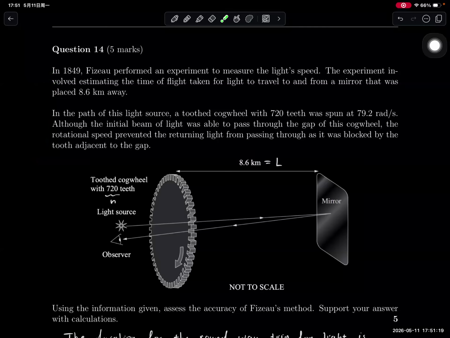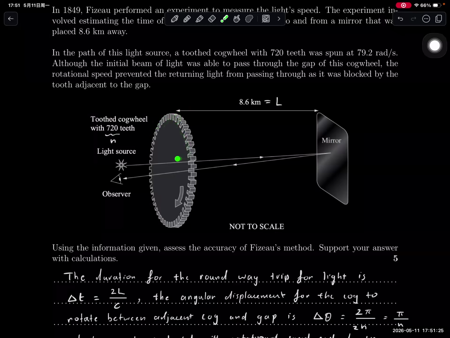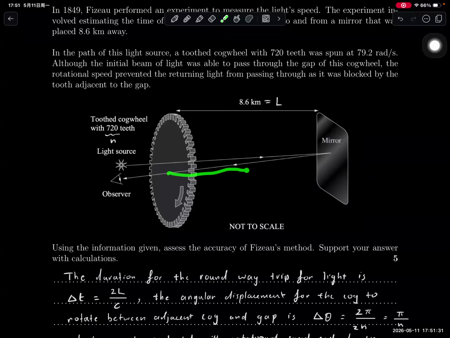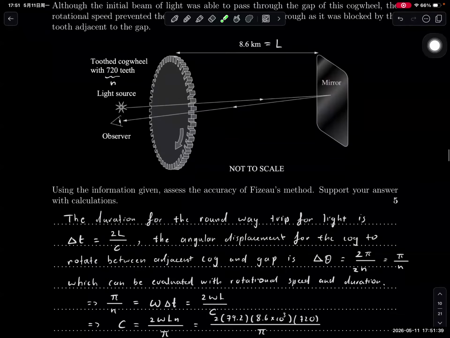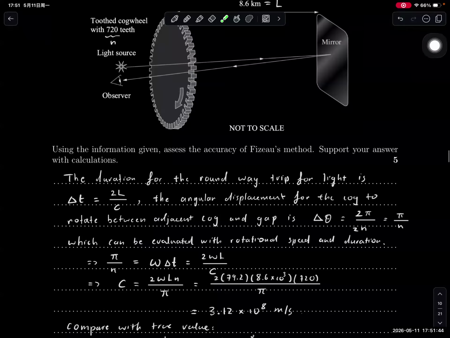We have 720 teeth, and we divide the cog by 1/2 times n, so that light passes through, returns and hits a gap, so it doesn't observe anything. We want to use the following information to calculate the speed of light, so make sure to derive the expression for this specific experiment.